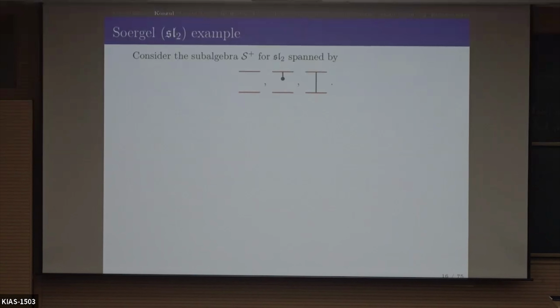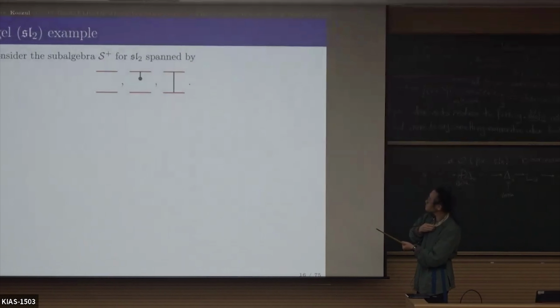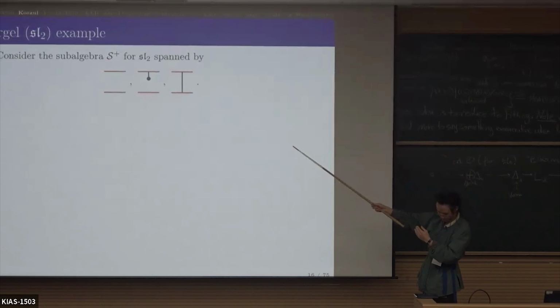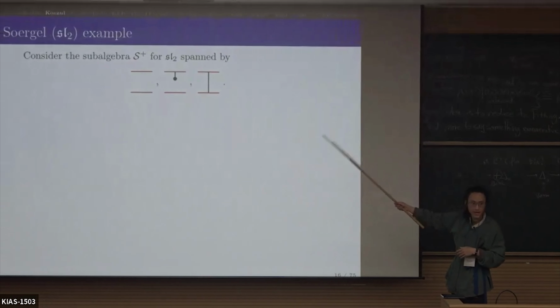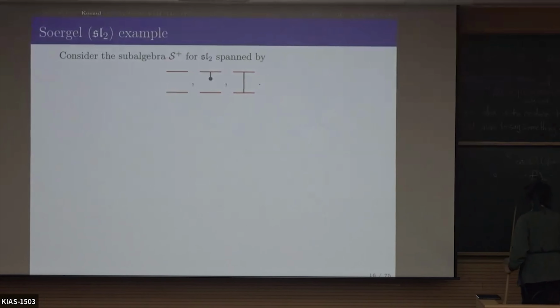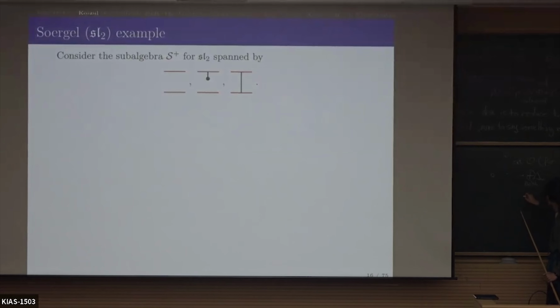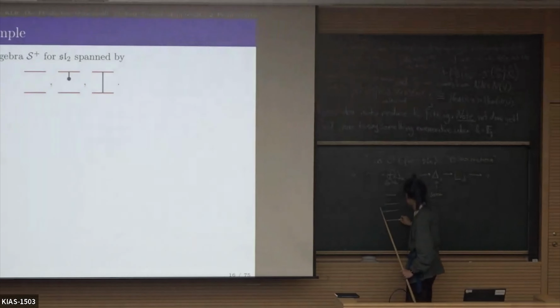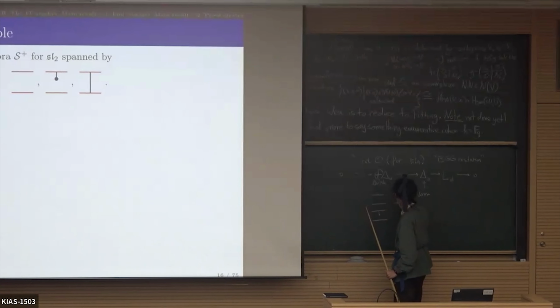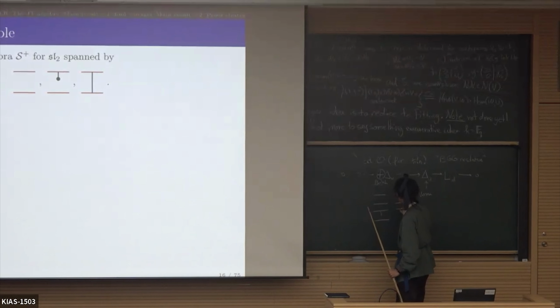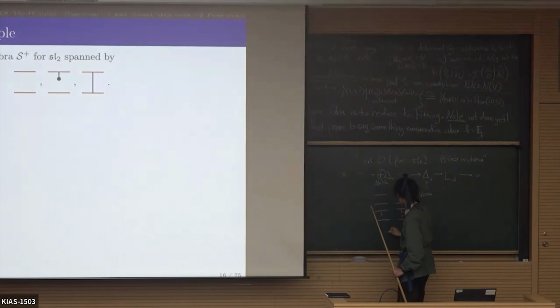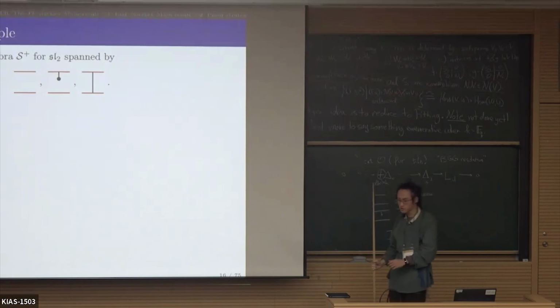For that 5-dimensional example, consider this 3-dimensional subalgebra spanned by these diagrams. Let me draw the original pictures on the board so you can have them to look at. This was the original 5 dimensions. These are the 5 diagrams that span my algebra.